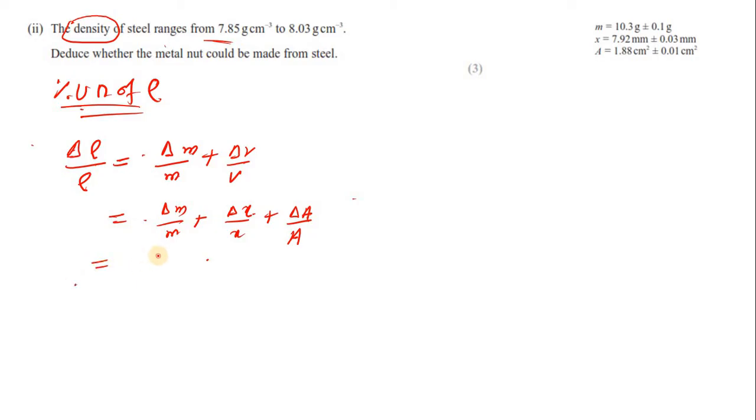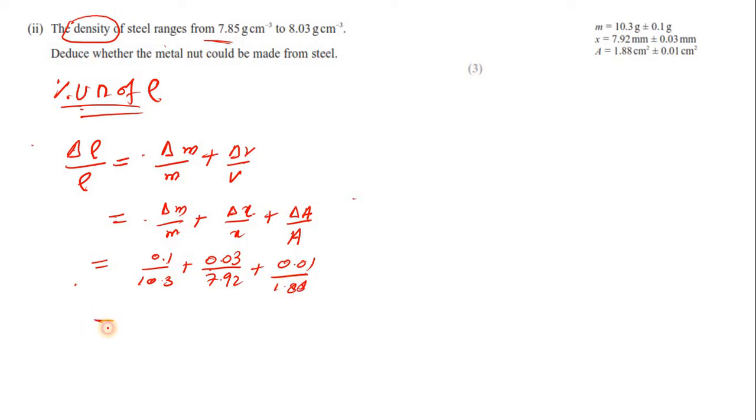Delta m is 0.1 divided by 10.3 plus delta x is 0.03 divided by 7.92 plus delta a over a, 0.01 divided by 1.88.